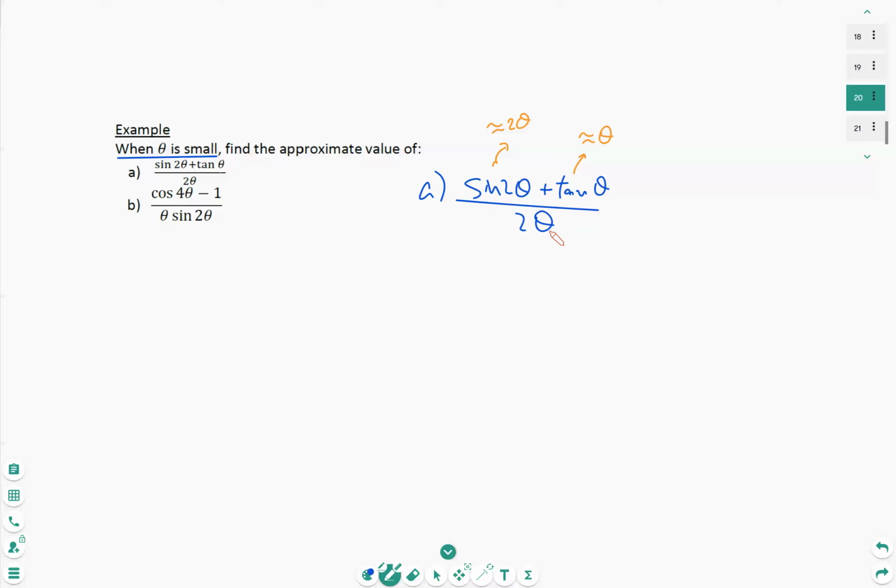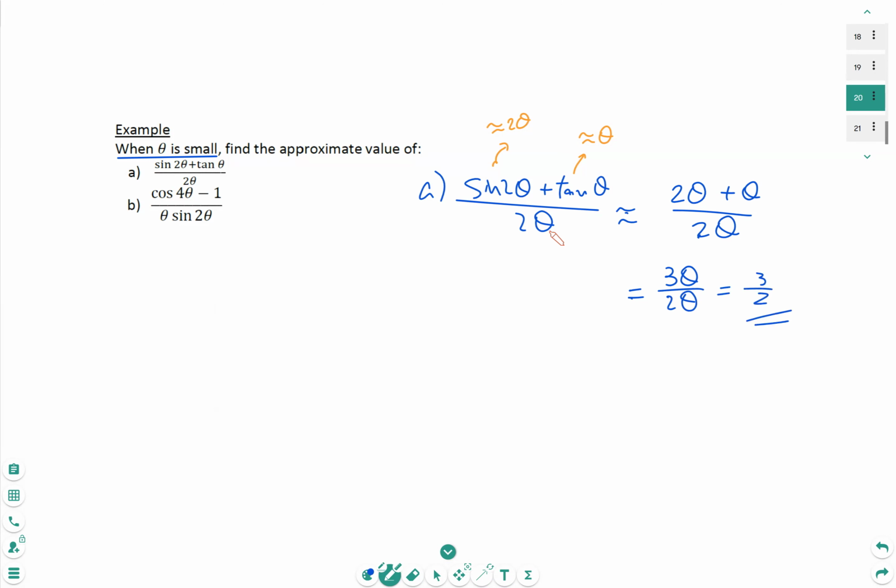Therefore, we can write our answer as it approximates to 2 theta plus theta over 2 theta, which now equals, because we're no longer approximating in the next step. It's something quite technical, but it doesn't matter whether you put roughly equal or equal here, but the first one must be a roughly equal, must be approximate. So 2 theta plus theta is 3 theta over 2 theta, which is the same as 3 over 2.